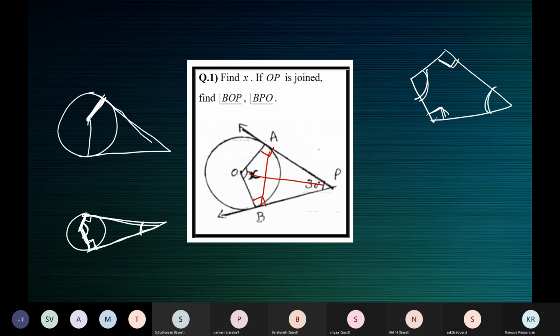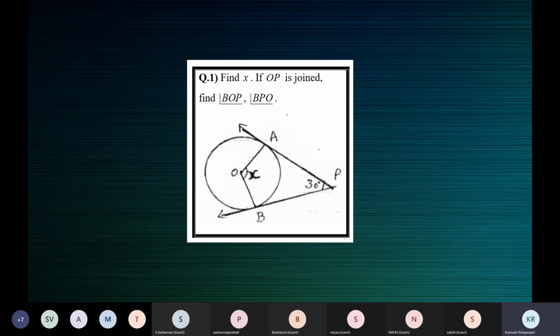It's a kite because the two pairs of adjacent sides are equal. OA is equal to OB, radius. And AP is equal to BP, because tangent segments from the same external point are equal.